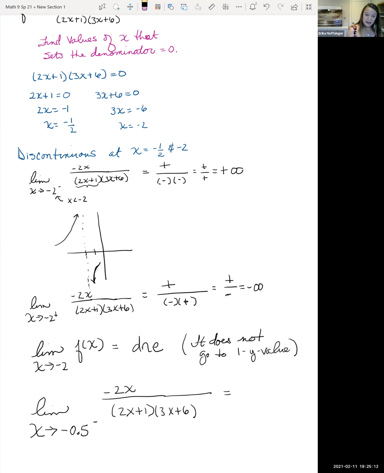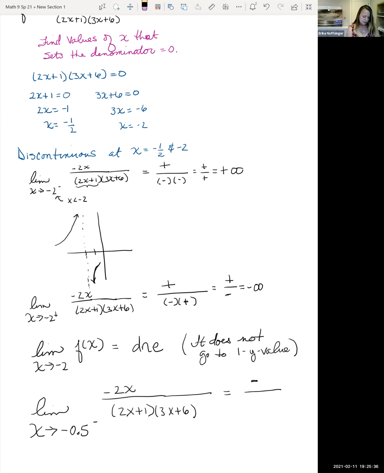So if I plug a negative number in here for x, that's a negative in the numerator, all over something to the left of -1/2, so -0.55. If we plug that in there, is that number going to be positive or negative?